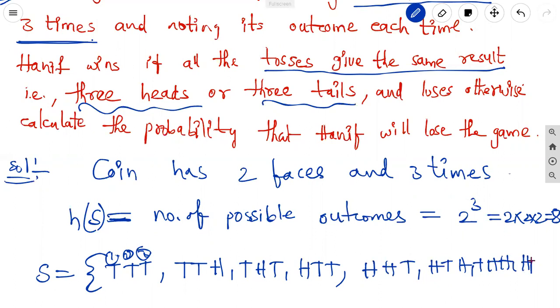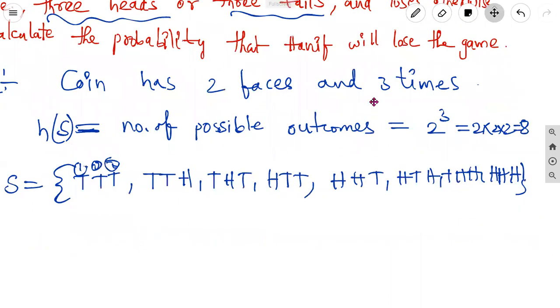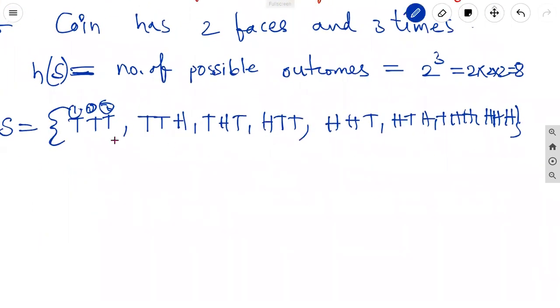Next 3 heads. These are the possible outcomes. 8 outcomes are there. What are those? This is 1, 2, 3, 4, 5, 6, 7, 8. Okay. 8 outcomes are there. That is number of sample space. Total possible outcomes are 8.